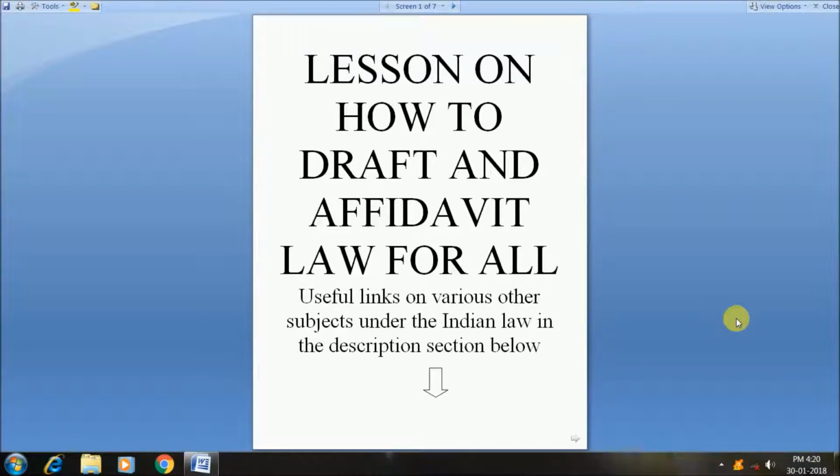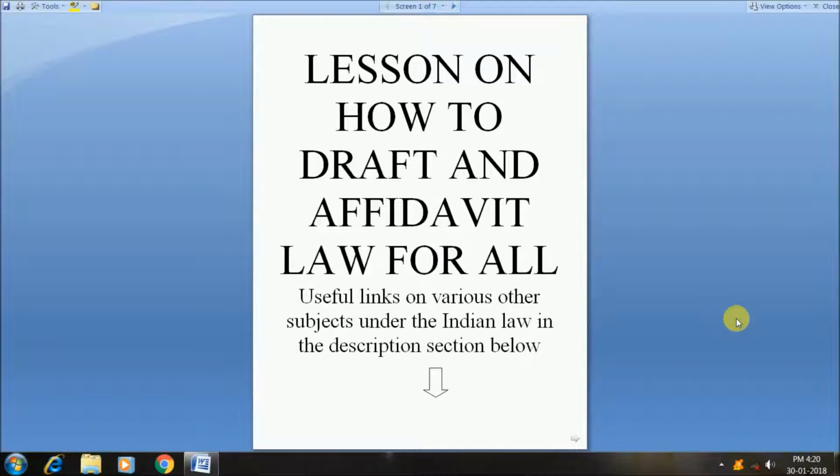So a person can always approach such an authority and get an affidavit executed, but more often than not it is a little difficult to swear an affidavit before a governmental authority. So it's always an easier practice to swear an affidavit before a notary. A notary is also given an explicit power to record affidavits, and acts as an oath commissioner.